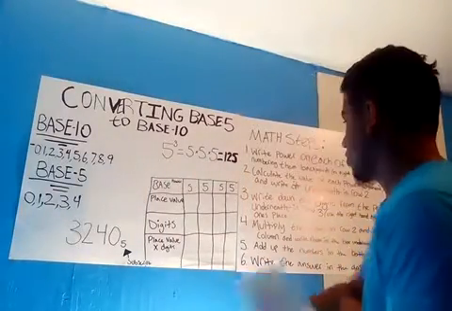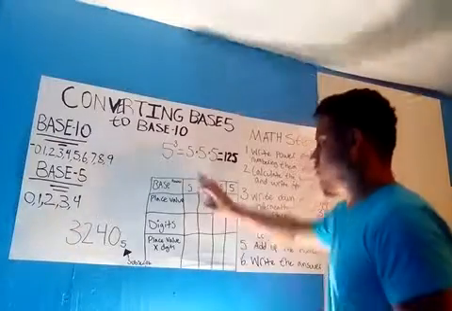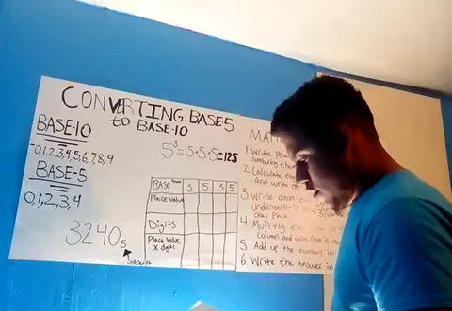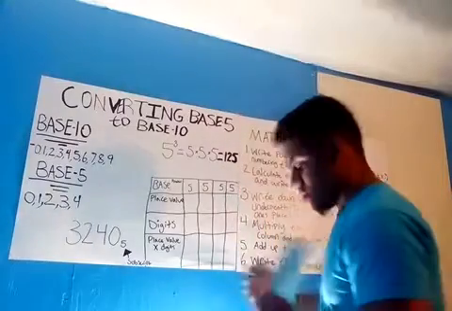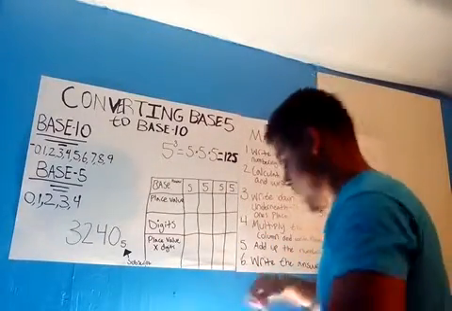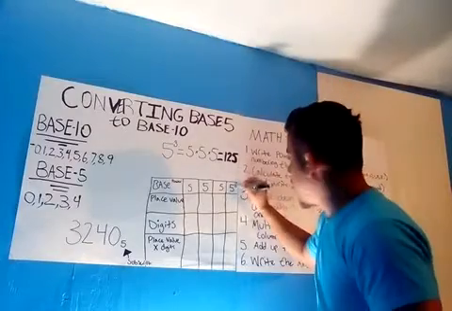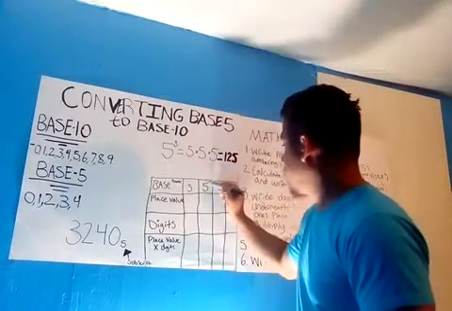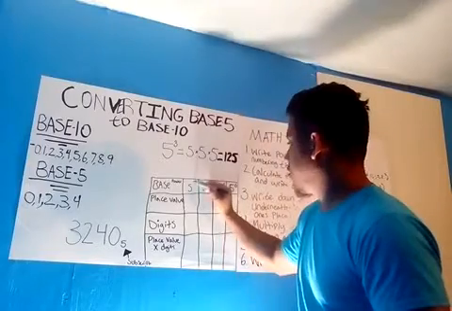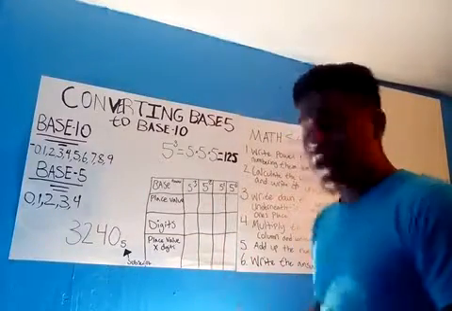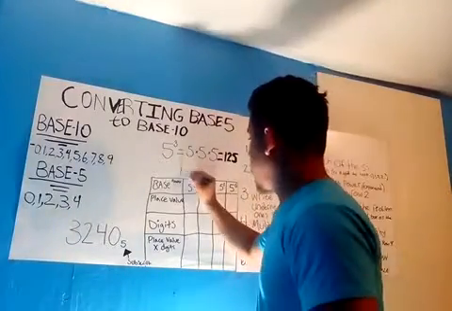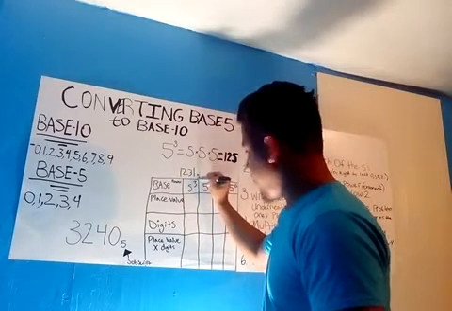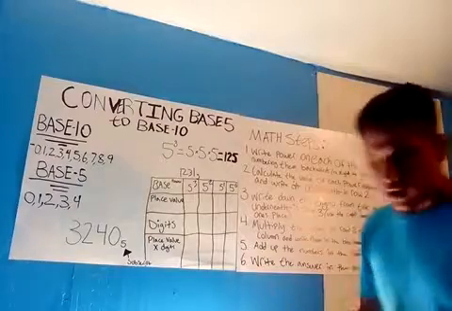So for problem 1, example 1, we are going to write a 0 right here, a 1, a 2, and a 3. Sorry, before I get any further, we need to solve this one right here: 1231 with a subscript of 5, because we're doing base 5, remember?